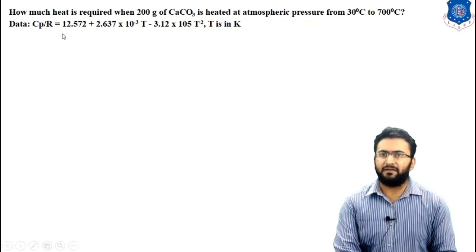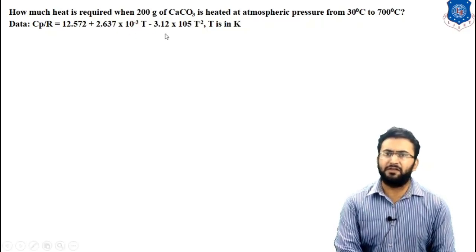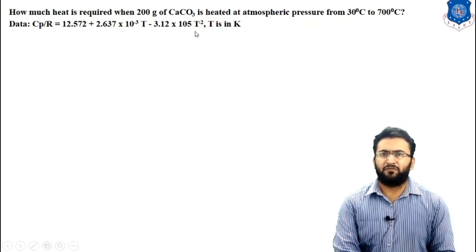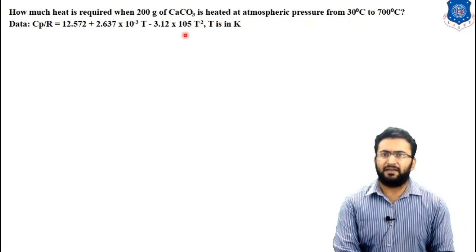Cp by R is equal to 12.572 plus 2.637 multiplied by 10 raised to minus 3 T minus 3.12 multiplied by 10 raised to 5 T raised to minus 2, with T in Kelvin. So this data is given.